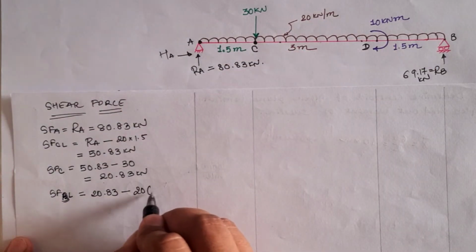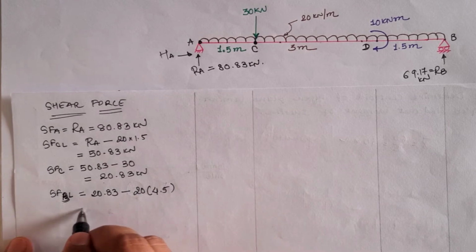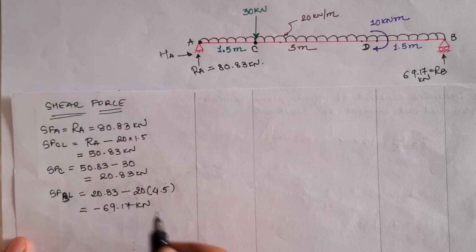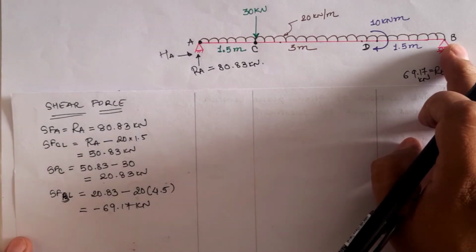So it is 20 into 4.5 and the value is minus 69.17 kilonewton at location B, but just before point B.